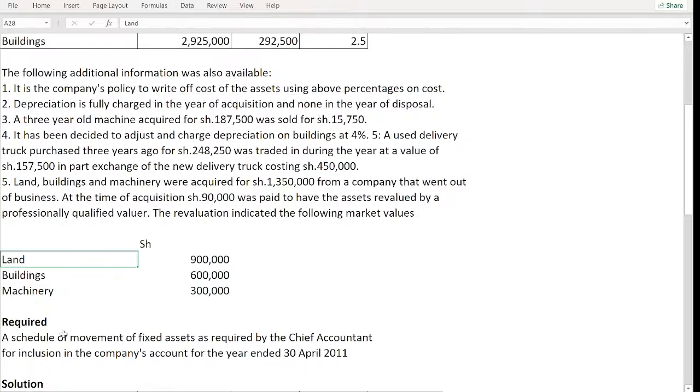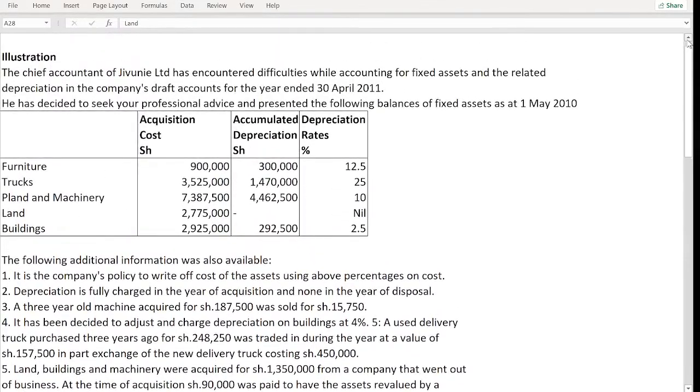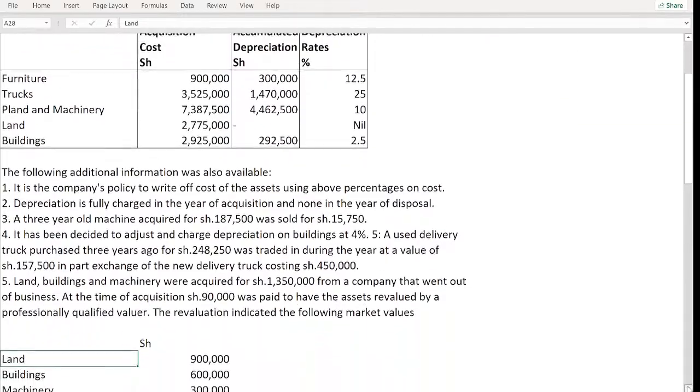So required is a schedule of movement of fixed assets as required by the chief accountant for inclusion in the company accounts for the year ended 30 April. So we are going to do the plant and equipment movement schedule.